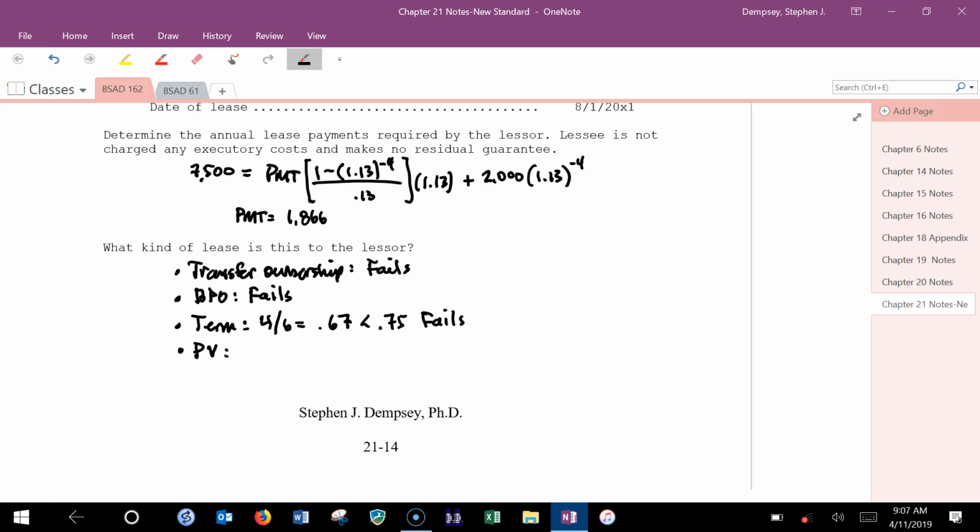Well, you've got to think again. What does the lessor and the lessee do to figure out whether it meets that 90% cutoff of fair market value? They take the lease payments, non-cancelable lease payments of $1,866, which we already determined. Discount them back at 13%. There are 4 of them.